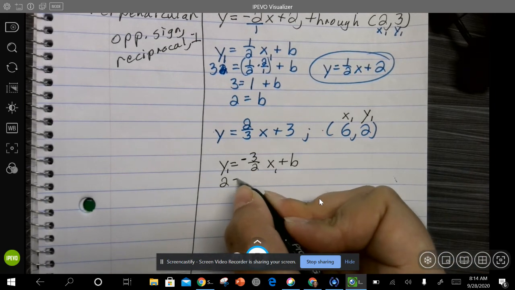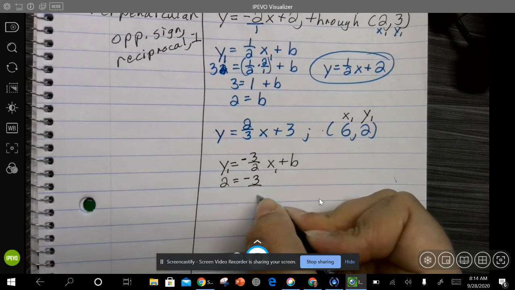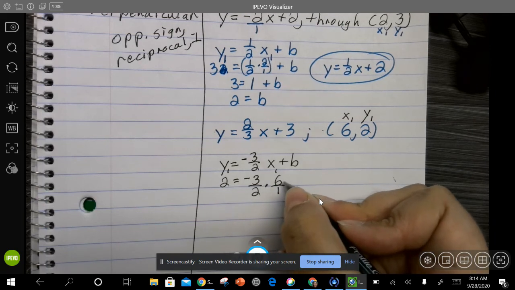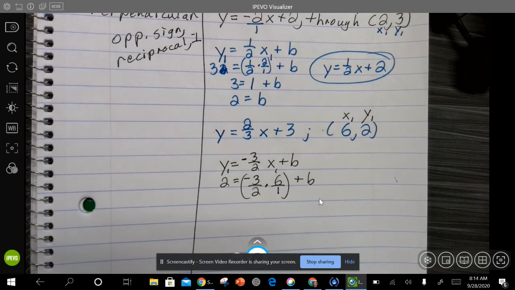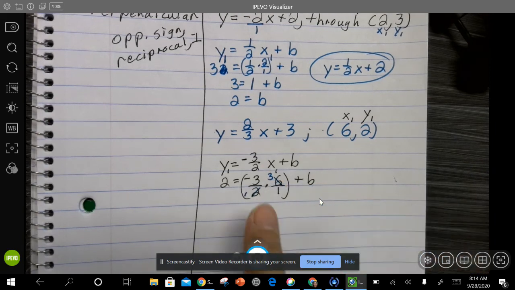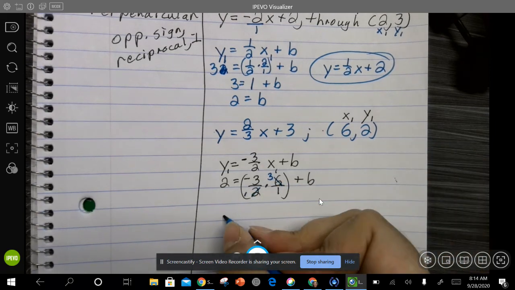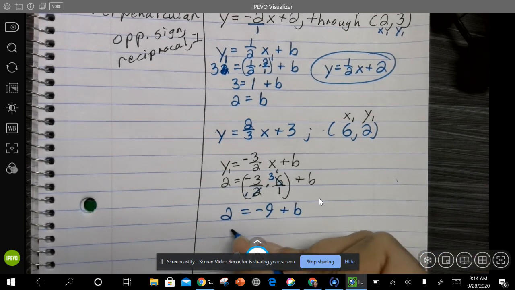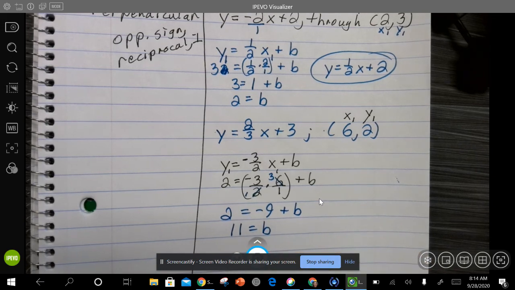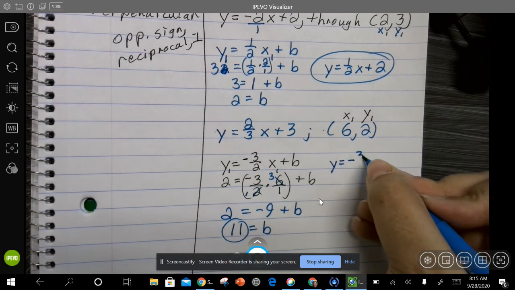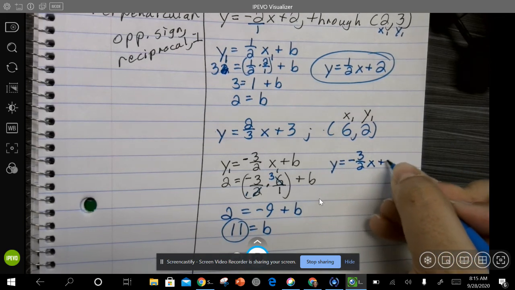So we get 2 is equal to negative 3 halves times 6 over 1. 6 divided by 2 is 3. Negative 3 times 3 is negative 9. Add 9 to each side. b is equal to 11. So now we have y is equal to negative 3 halves x plus 11.